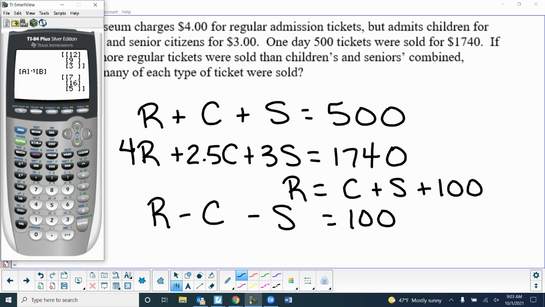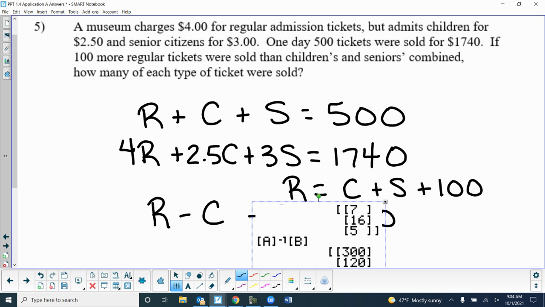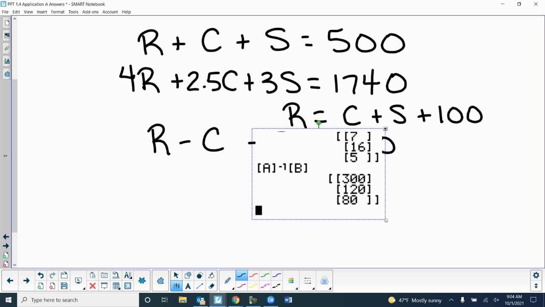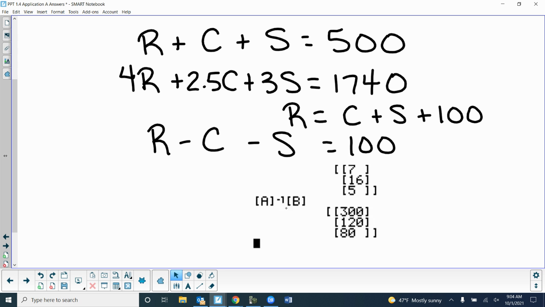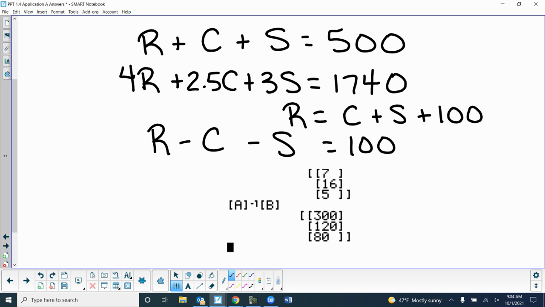Jump out of there, jump back in, edit the B matrix, and we got 500, 1740, and 100. And then jump out of there, second enter to get A inverse B. So 300 regular tickets, 120 kids, and 80 senior citizens.